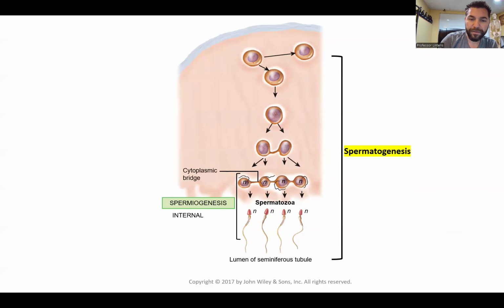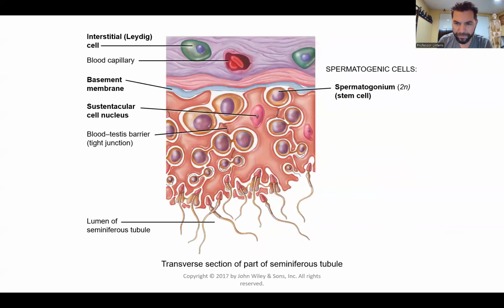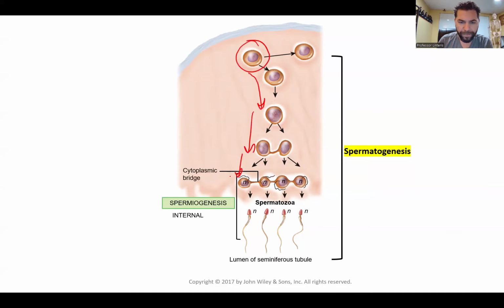So we're going to start off with our spermatogonium. They're going to go to primary, secondary spermatocytes, spermatids. Does that say it on here? No. And then through a process of spermiogenesis, they will turn into the functional sperm called spermatozoa.